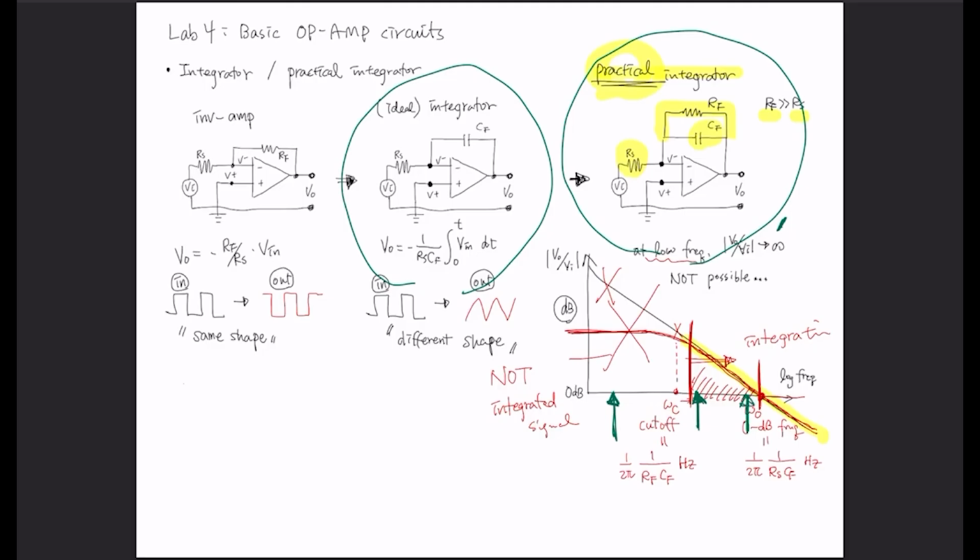Okay, and this is about 10% of your omega c. This is slightly above, say 1.2 of your omega c, and this one 5 to 10 times of your omega c.